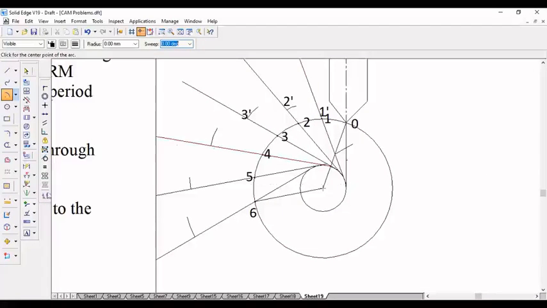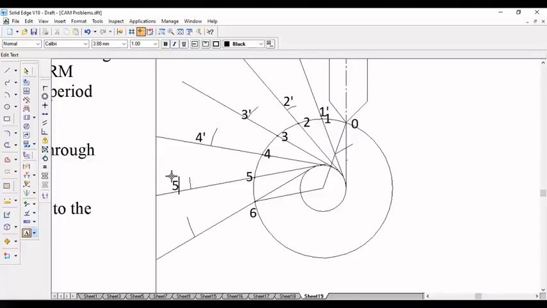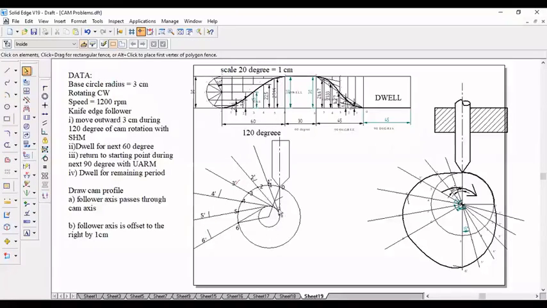This is 3 dash and this is 4 dash. So this part is over.